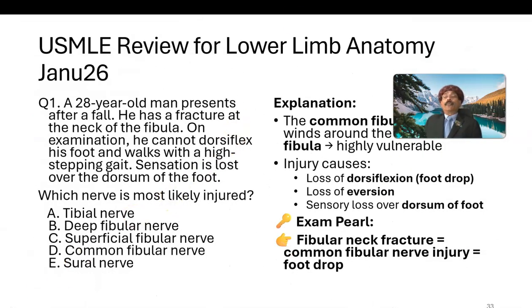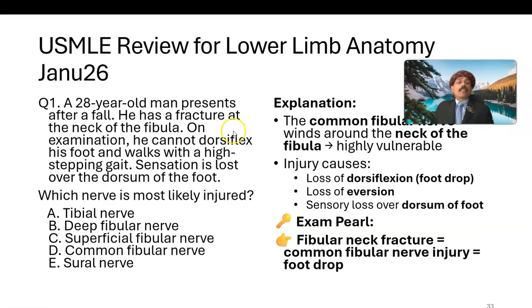Now let's solve some questions. A 28-year-old man presents after a fall. He has a fracture of the neck of the fibula. On examination, he cannot dorsiflex his foot and walks with a high stepping gait. Sensation is lost over the dorsum of the foot. Which nerve is most likely injured?